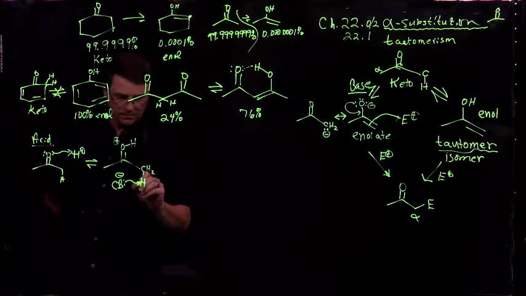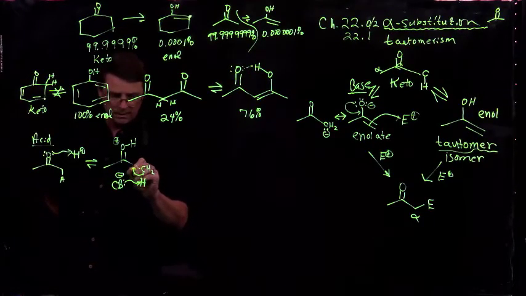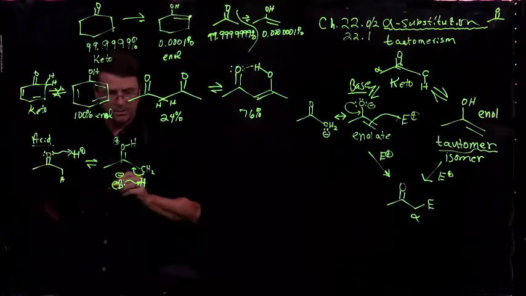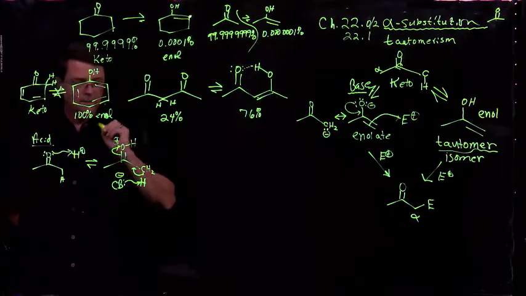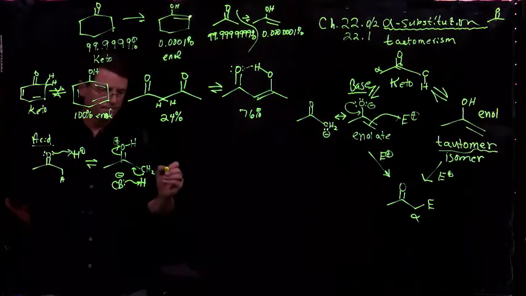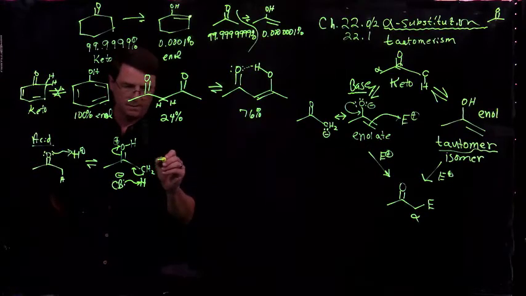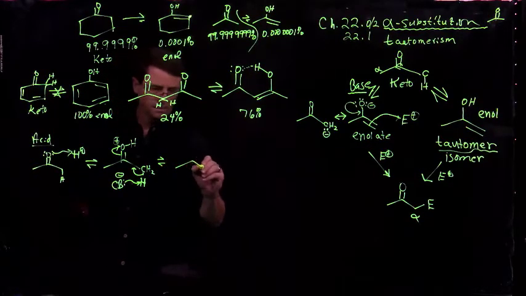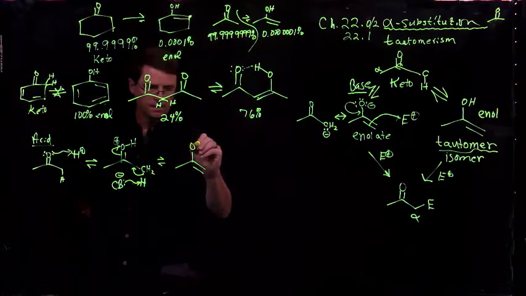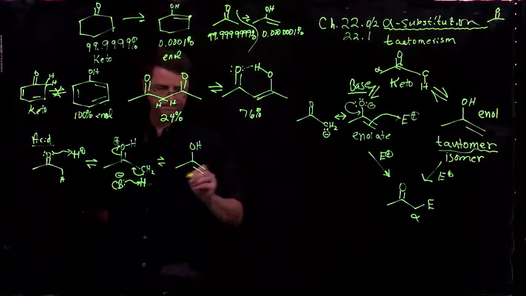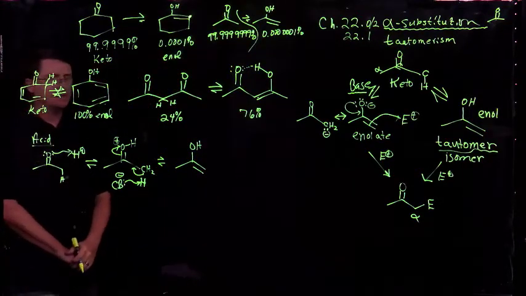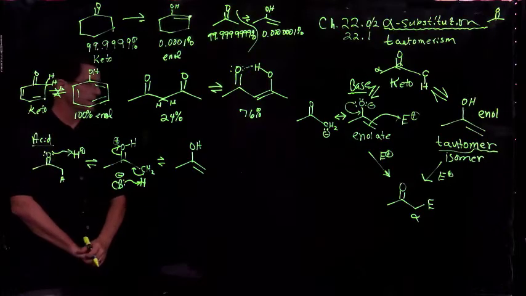So if we deprotonate, the CH bond swings down, the double bond swings up, now we have formed the enol. Okay, so that's the acid catalyzed process.